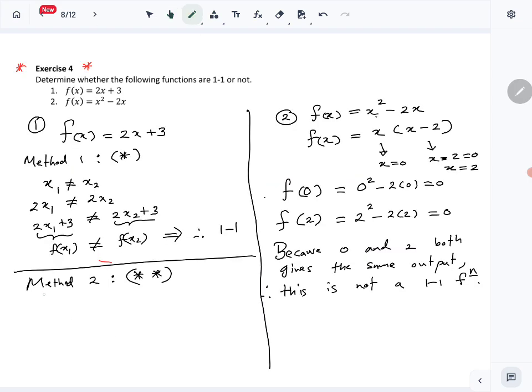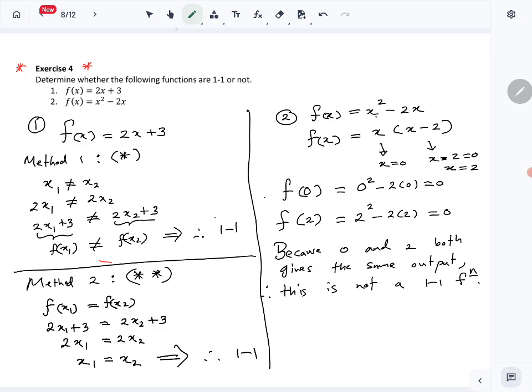So start with f of x1 equals f of x2. f of x1 is 2x1 plus 3, and f of x2 is 2x2 plus 3. Then we can cancel 3 from both sides. So you get 2x1 equals 2x2. Then we can divide by 2: x1 equals x2.